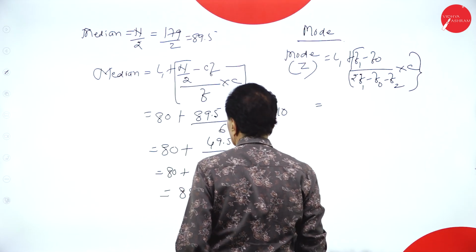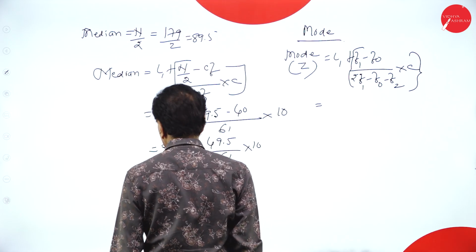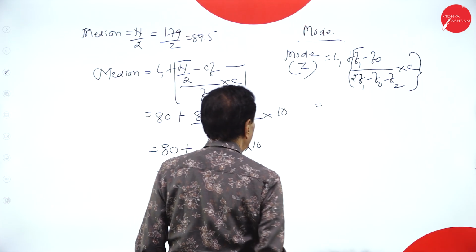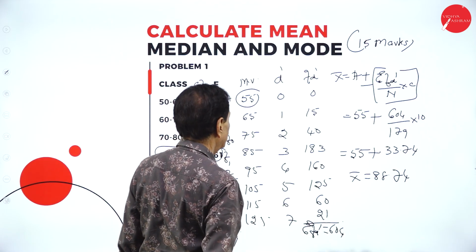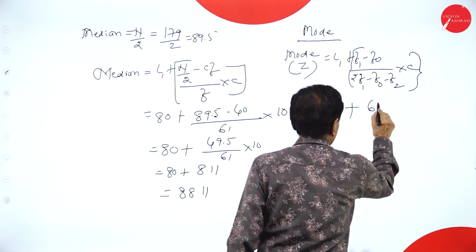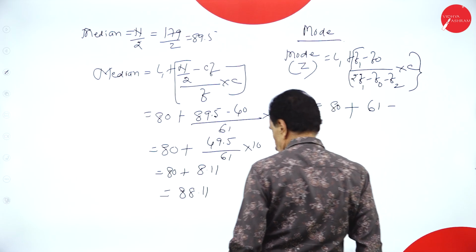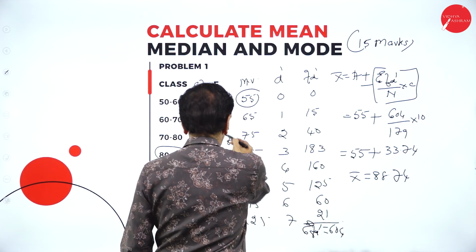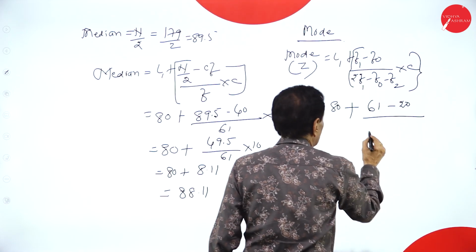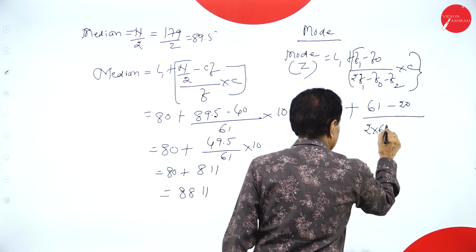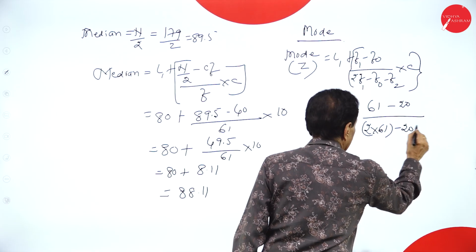Come back here. Which range is selected? 80 to 90, so L1 is 80. Then F1 is 61 minus F0, which is 20, divided by 2 into 61 minus 20.